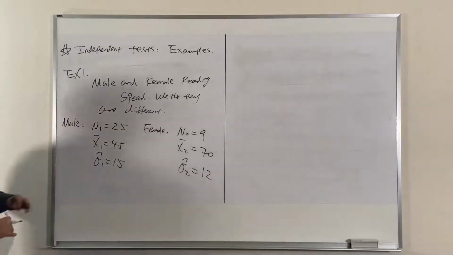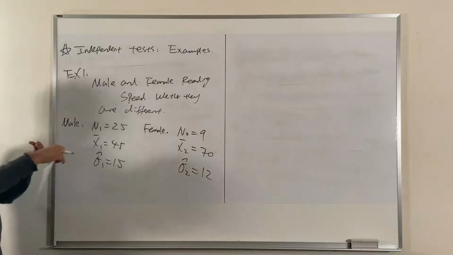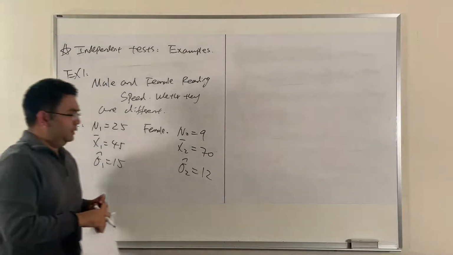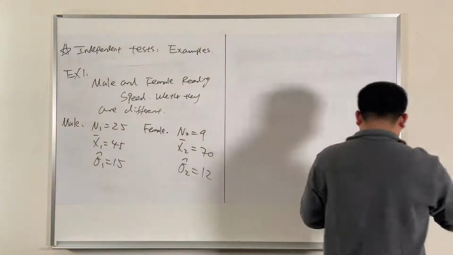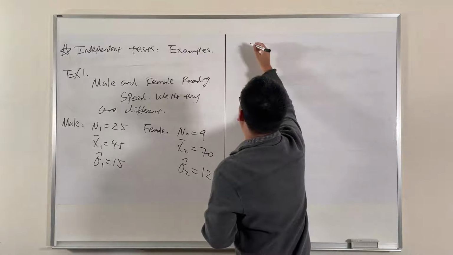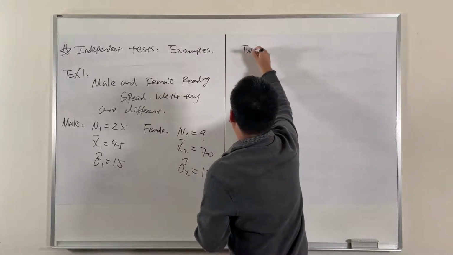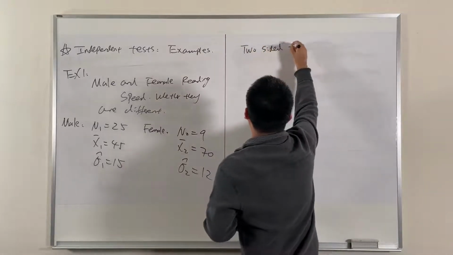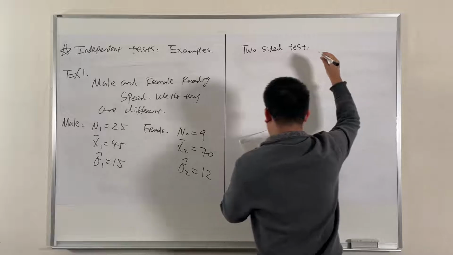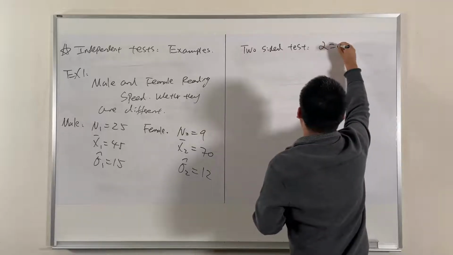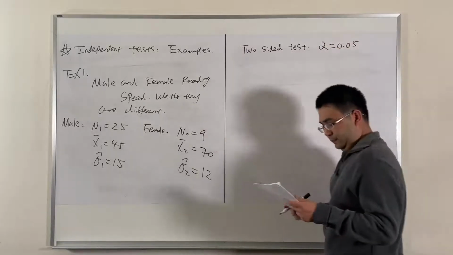So we have two sets of samples, male and female. In this case, we're going to do a two-sided test with alpha equals 0.05.